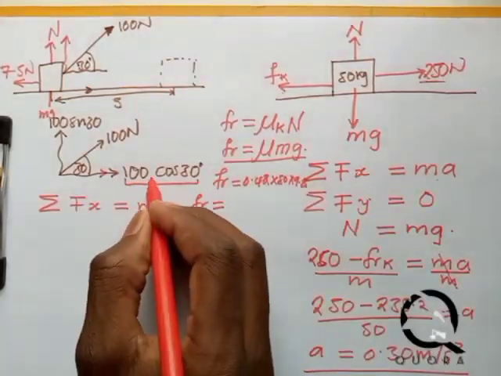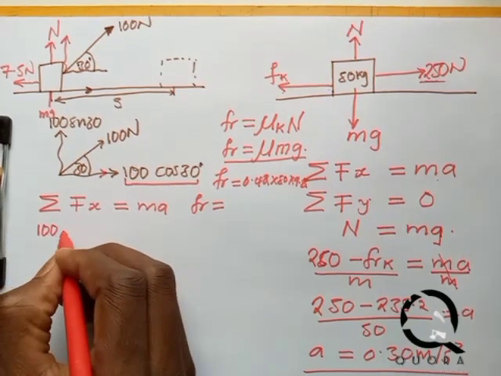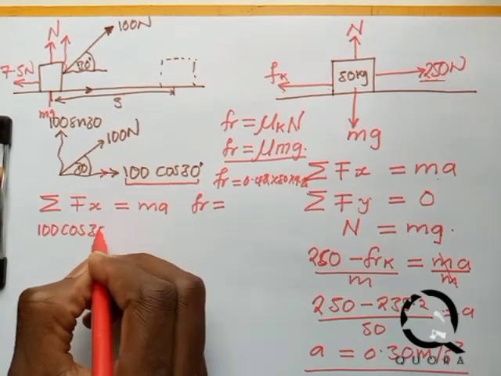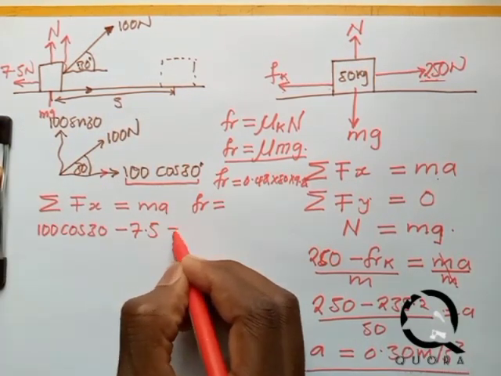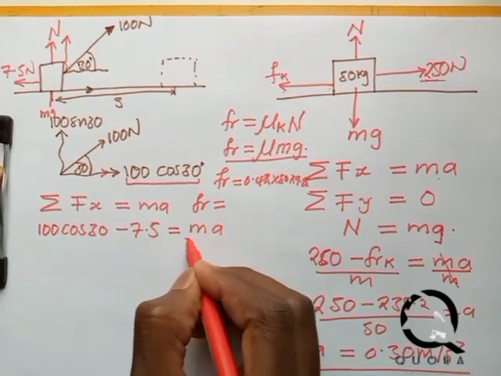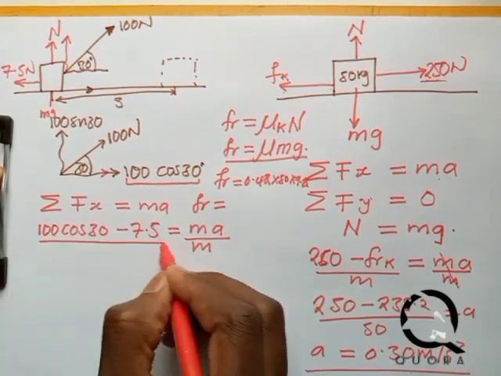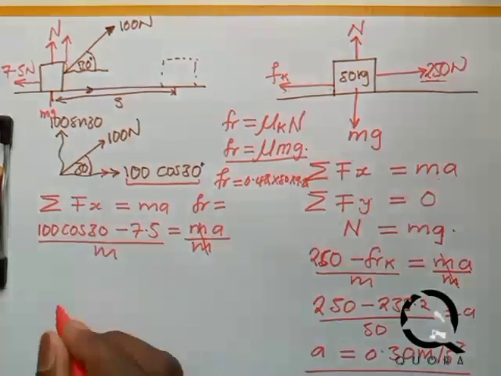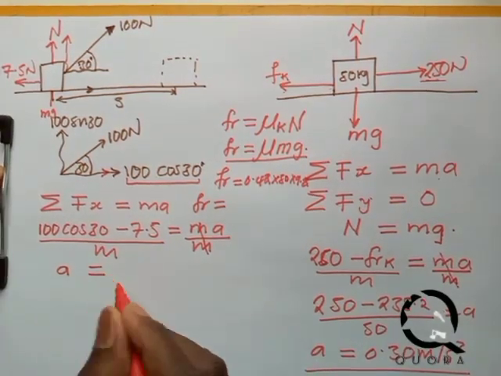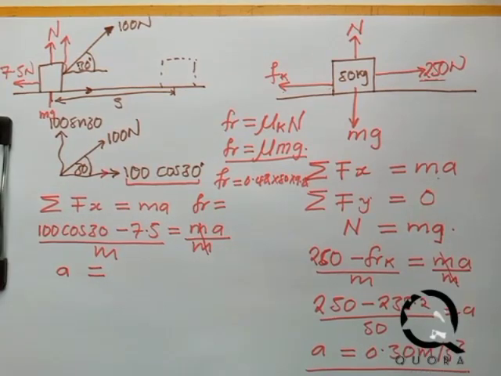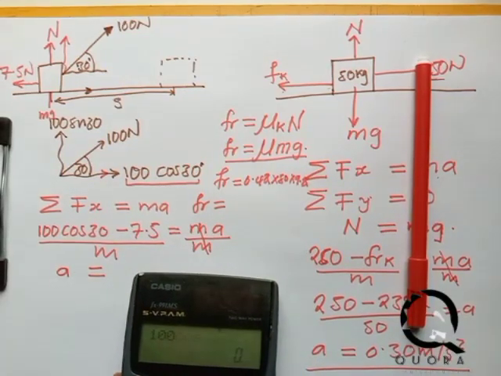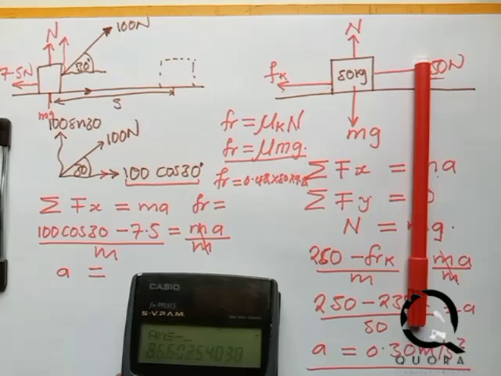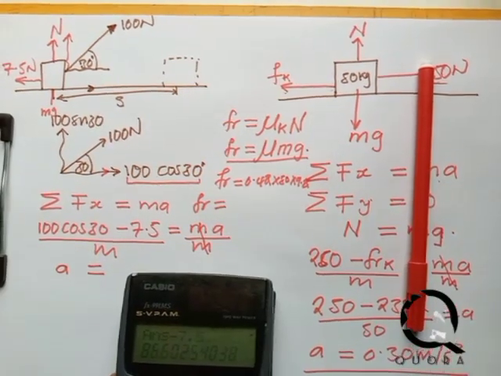All right, we proceed. So we are going to have 100 cos 30 minus the opposing force, which is 7.5, equal to mass multiplied by acceleration. I'll divide by m on both sides and cancel. Acceleration is going to be equal to, if we punch the top part using my calculator, 100 cos 30 minus 7.5.